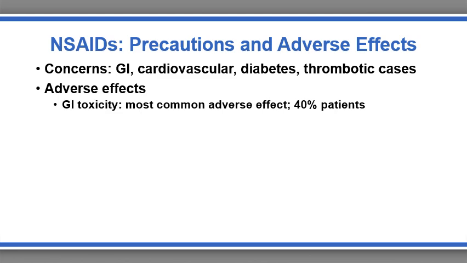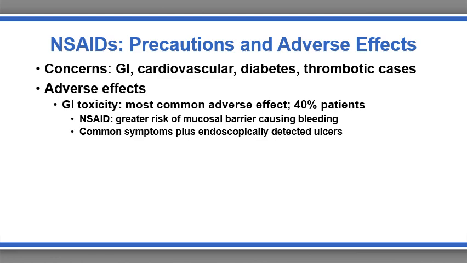Taking an NSAID carries a slightly greater risk to the mucosal barrier, because the cyclooxygenase enzyme is responsible for protecting it. Inhibition of prostaglandin synthesis could weaken the stomach lining and put them at risk for bleeding.